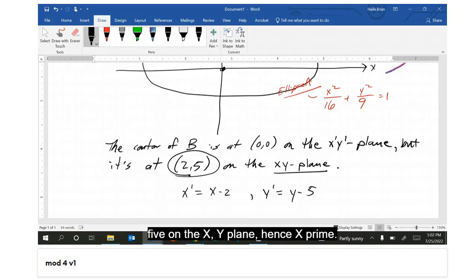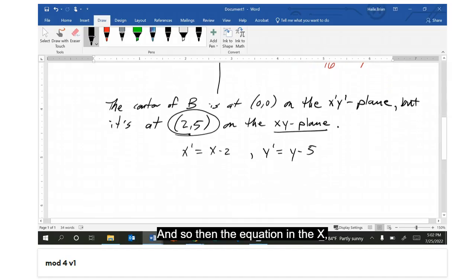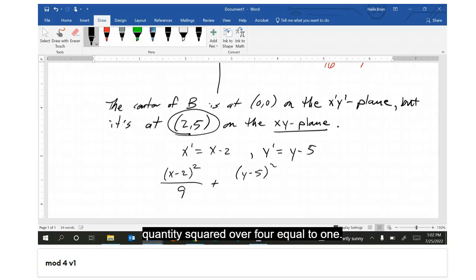Hence x prime we want to be x minus 2, y prime to be y minus 5. And so then the equation in the xy plane for ellipse B becomes x minus 2 quantity squared over 9 plus y minus 5 quantity squared over 4 equal to 1.